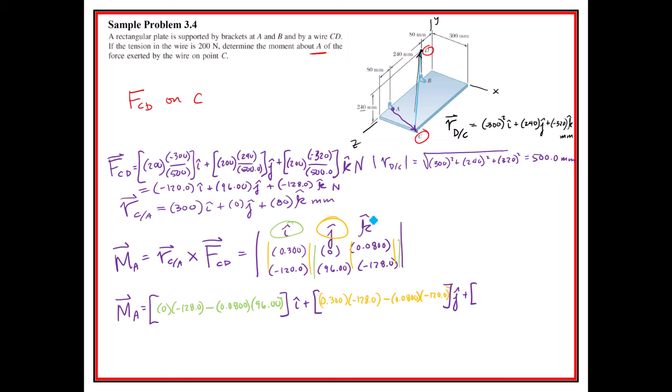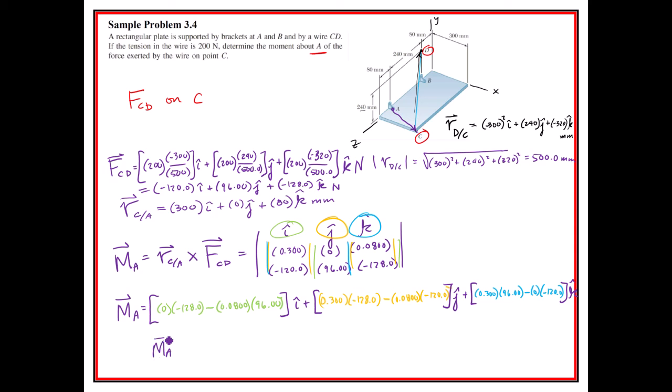Now we put together that determinant. So we go 0.3 times our 96, minus 0 times negative 120. Going color coded for no very apparent reason. Boom.